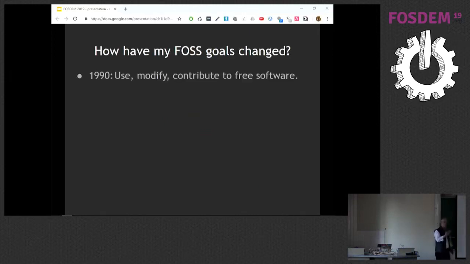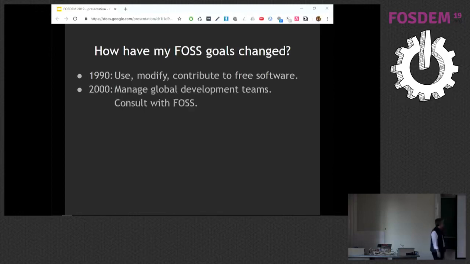I started using FOSS before FOSS was a term. Then my goal was really to use software to solve problems I had or that researchers around me had. Then in about 2000, I started working with global development teams and doing some consulting with FOSS. So using FOSS tools to help businesses solve their problems.